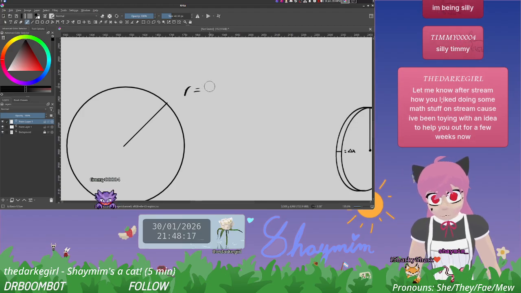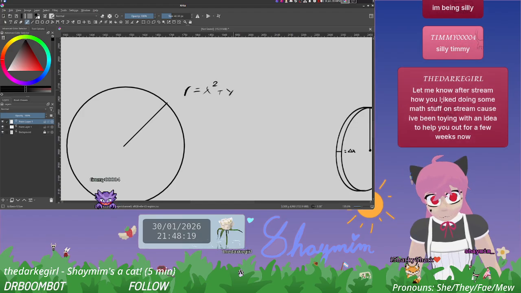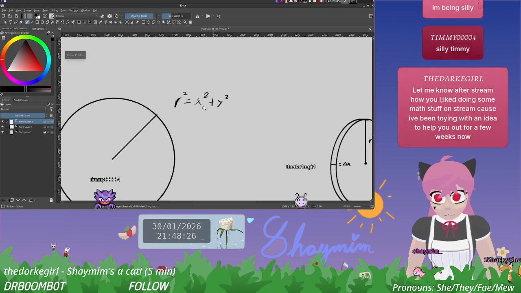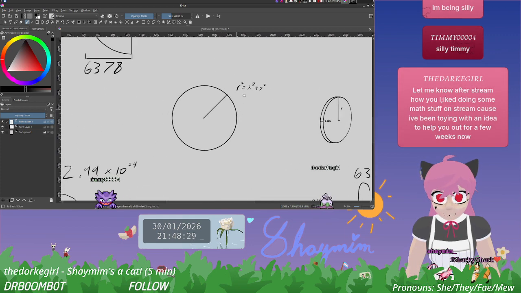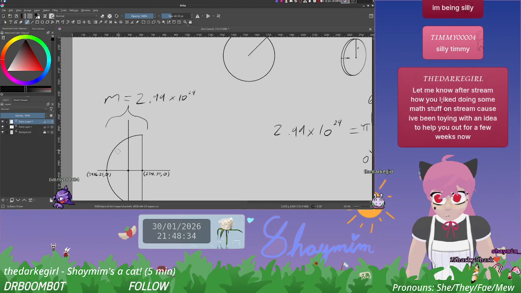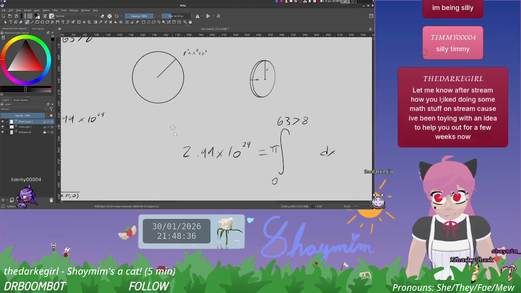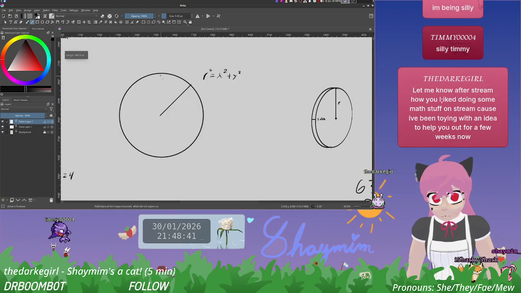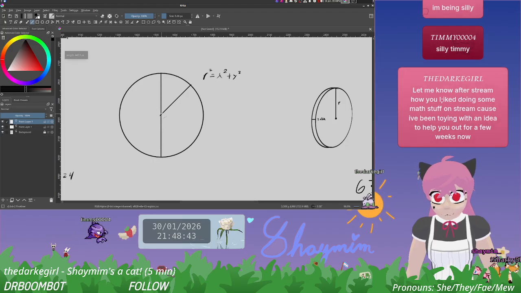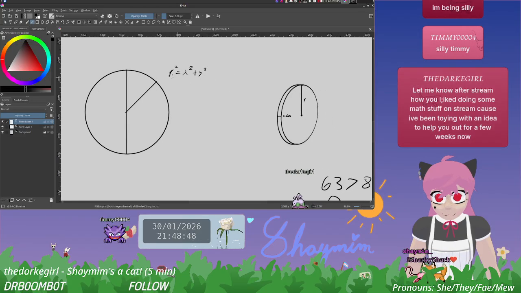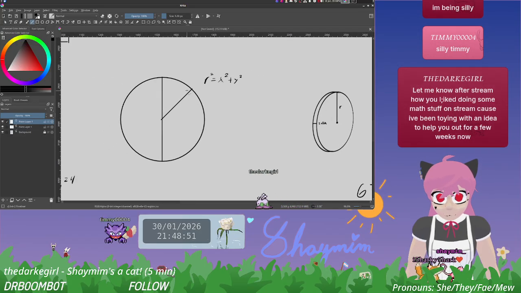So, r squared equals x squared plus y squared. And then, let me think. Because the y value also changes as you move, huh? So we're moving with respect to x.